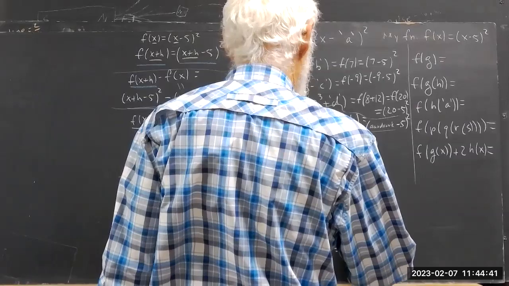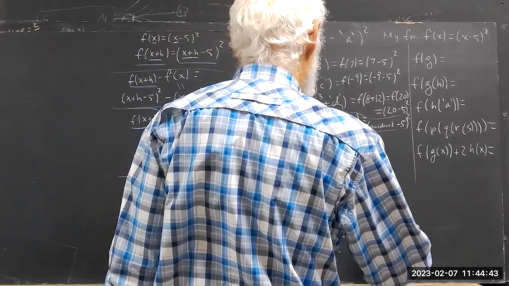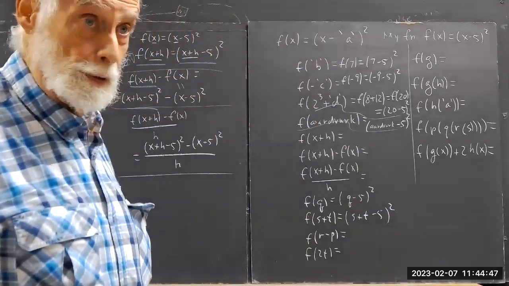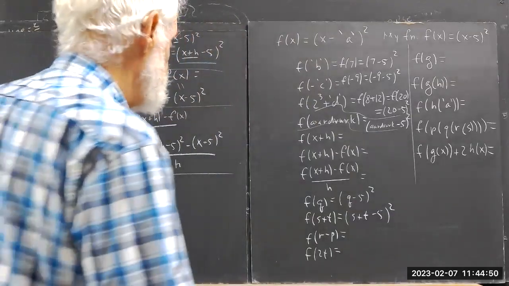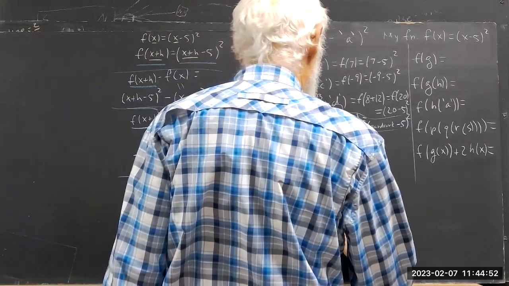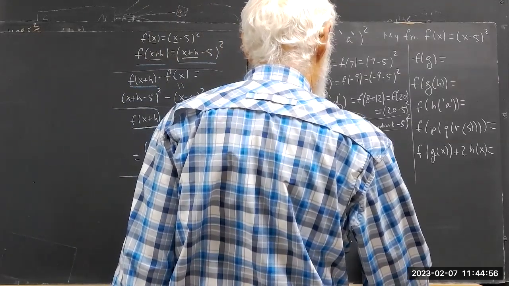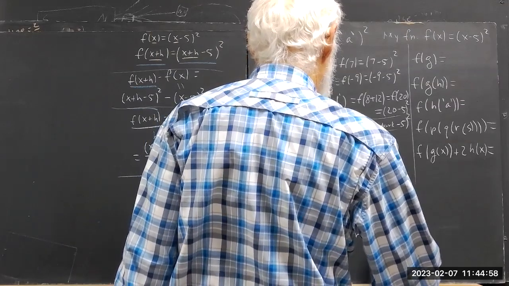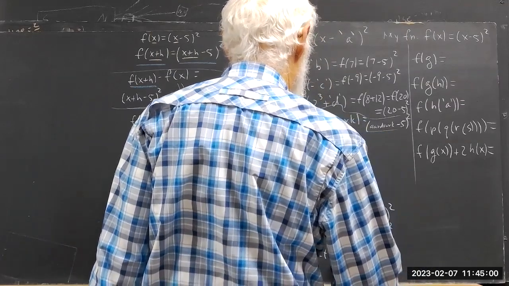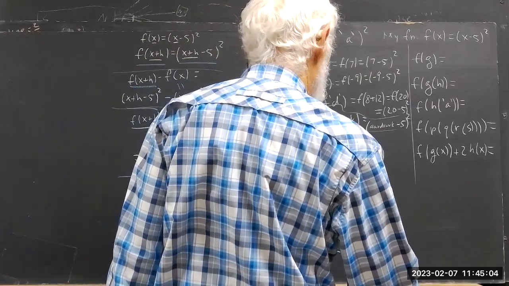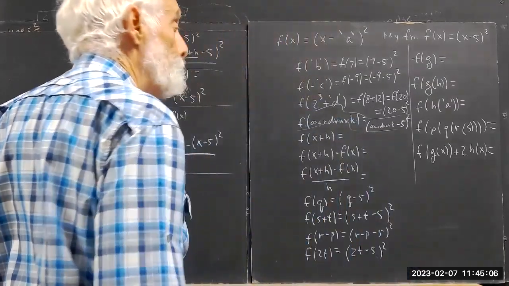That's s plus t minus 5 quantity squared. The f of r minus p is r minus p minus 5 squared, getting a little monotonous. F of two T is two T minus five quantity squared.